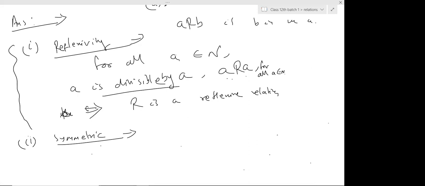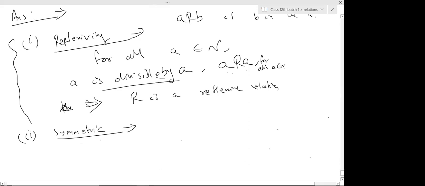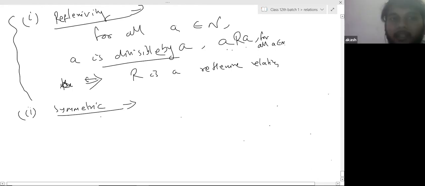All right. So if a relation is reflexive or symmetric or transitive, then you have to write all this language to prove it. But if you see even one example where this is not symmetric, then you can write just that example and it will be proved. How to say this is not symmetric? You can simply write 2 is divisible by 1.